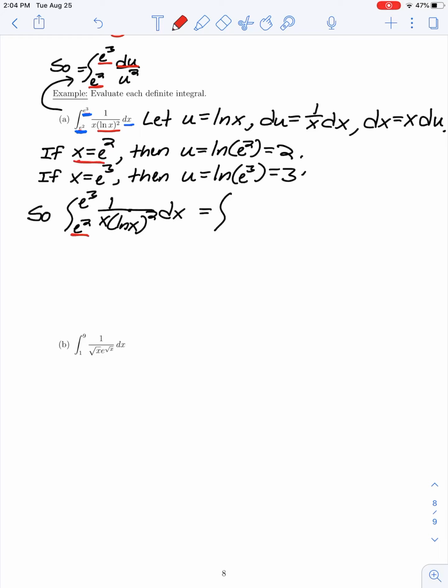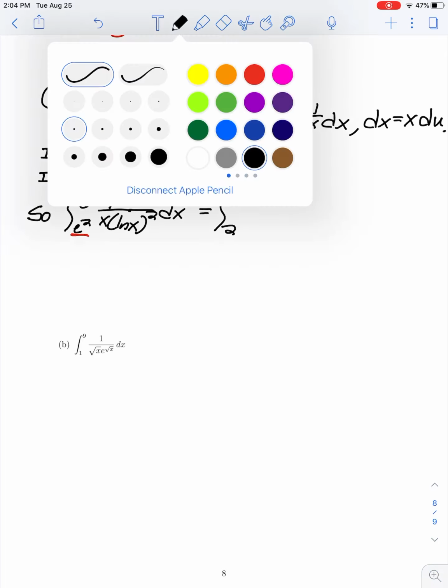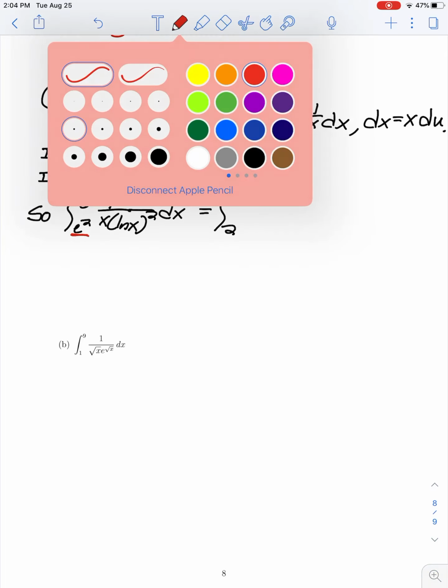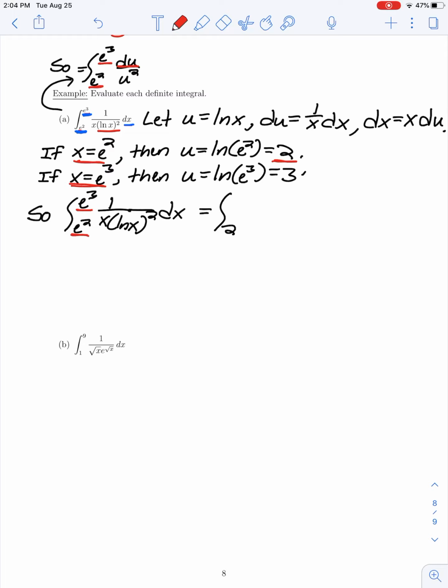We saw that that value gave us u equal to 2. So the lower limit of integration in terms of u will be 2. And our upper limit of integration, e cubed, well, we found when x was e cubed, u was 3. So our new upper limit of integration in terms of u will be 3.